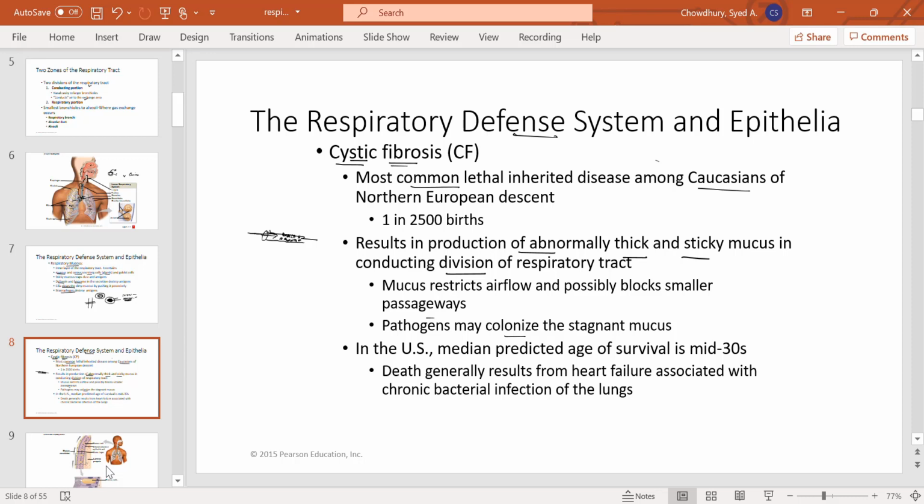Also, in that mucus the pathogens, that means microorganisms, bacteria or viruses, can colonize, stay and multiply there, and that would cause another problem, infection, right? And usually in cystic fibrosis the patient doesn't survive too long, and death results from heart failure associated with the chronic bacterial infection in the lung.